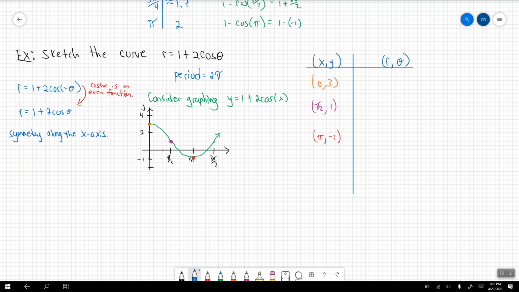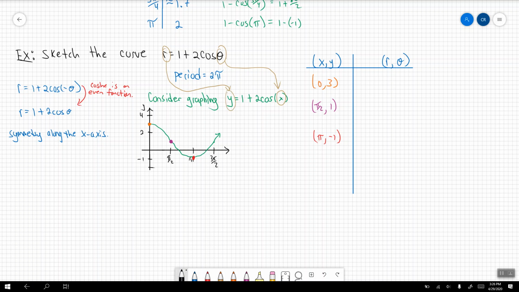Now, under this assumption that we were working with here, I want you to notice the assumption that we made at the very beginning: that this theta value was now being called x, and this r value was now being called y.